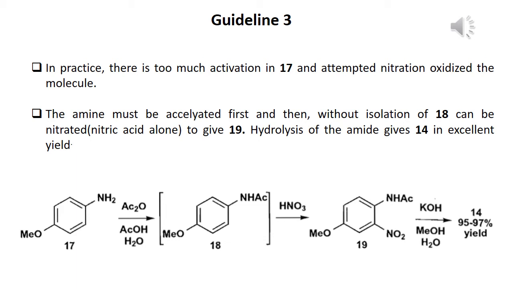We have done the acylation of 17 with the help of acetic anhydride and acetic acid, in the presence of water, and then we have done the nitration of 18. We got a nitro group on ortho, as para is occupied, ortho of the NH2 group.